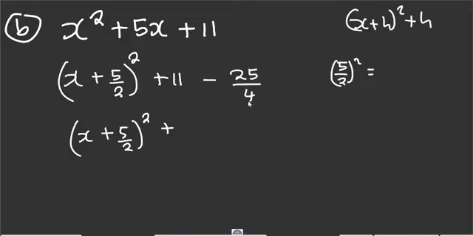11 minus 25 over 4 will give us something like, we can leave it as a mixed fraction. It will give us 4 and 3 over 4, meaning we get something like 19 over 4.